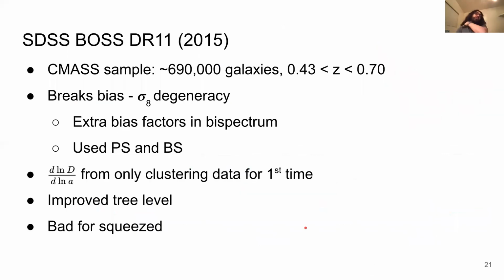So one use of the bispectrum in terms of actual science is that it's able to break the degeneracy between this galaxy bias and sigma 8. In this case, this was done by adding in these extra bias factors in the bispectrum.